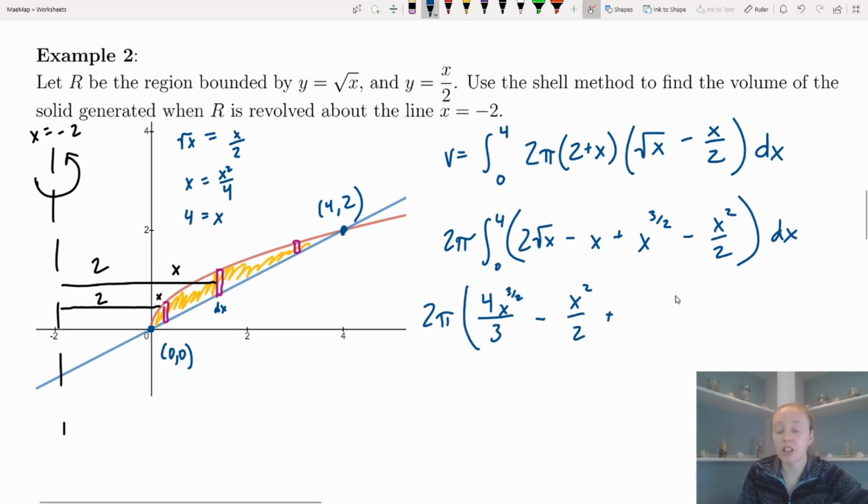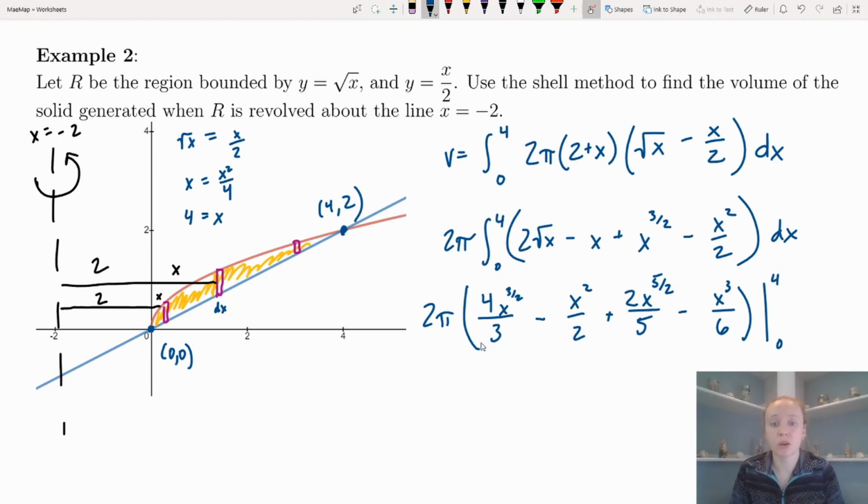So adding 1 to 3/2 will give me 5/2. So this will be x to the 5/2, and when I divide by that fraction, that will be the same as multiplying by 2/5. Now I'll subtract, integrating x squared over 2 would be x cubed over 3 times 2, which is x cubed over 6. And my bounds in x are from 0 to 4.